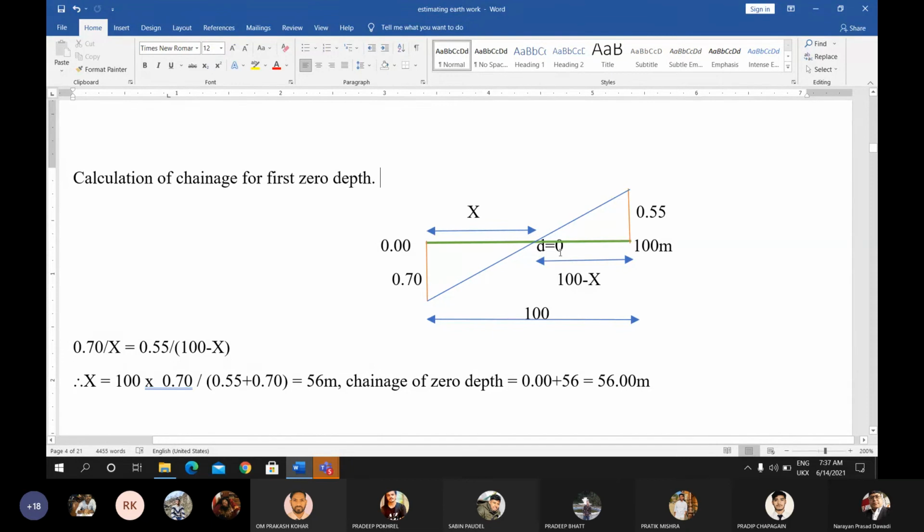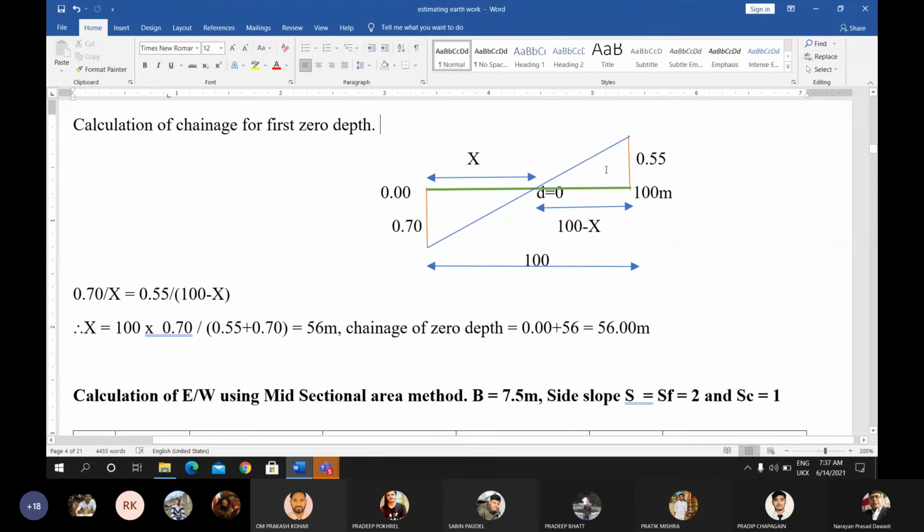This point is the d is equal to 0 chainage point. What will be the value of this chainage? You have to calculate by using both of these triangles and their relation as P by B is equal to P by B for the second triangle, because they are similar triangles.